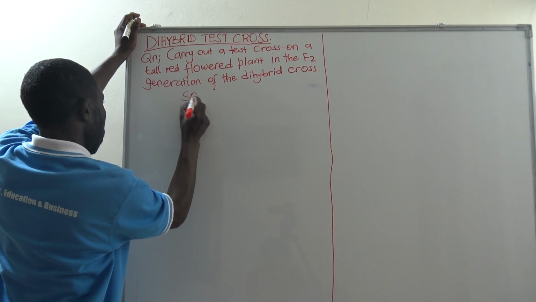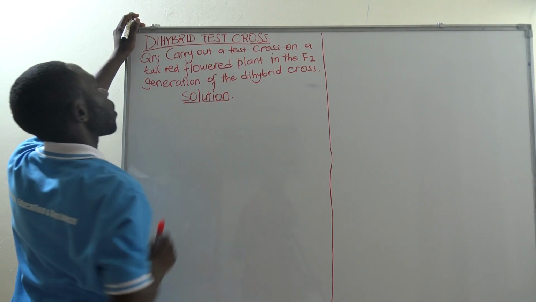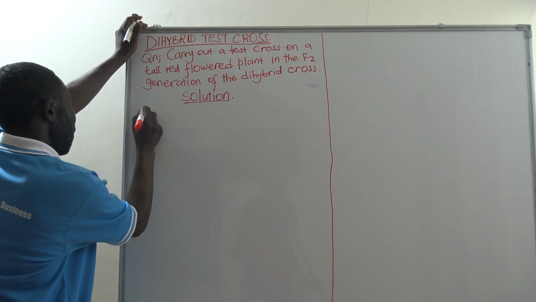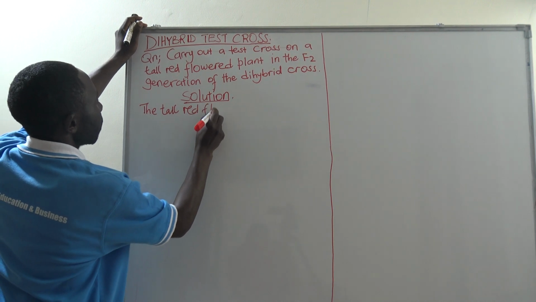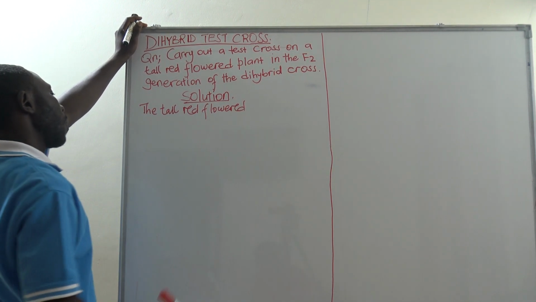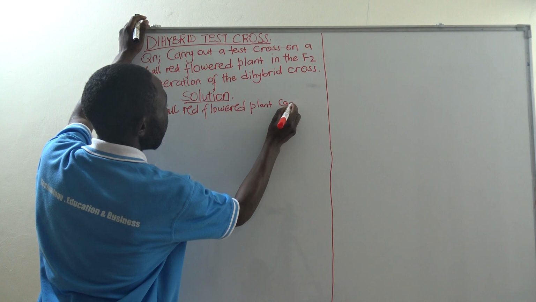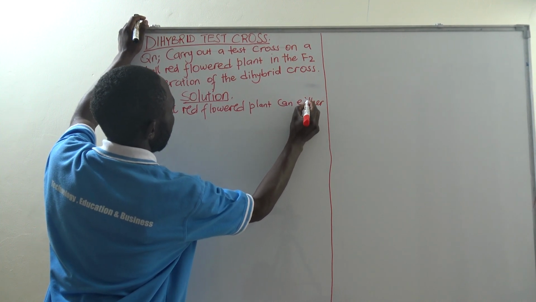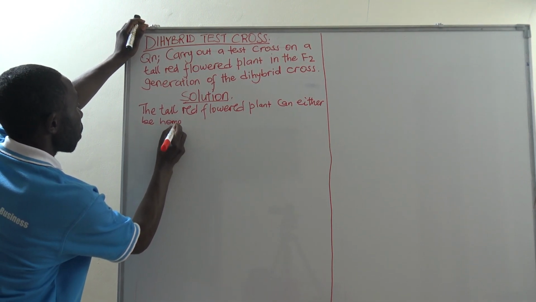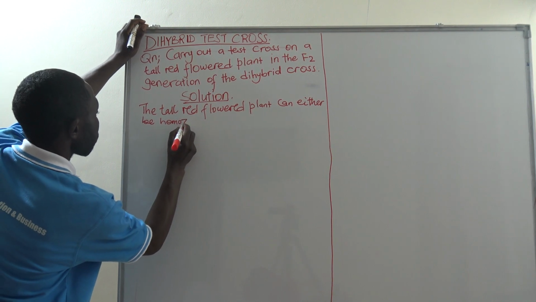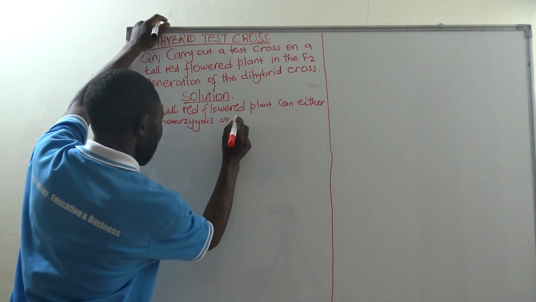So now, I will write the solution. The tall red flowered plant can either be homozygous or heterozygous.